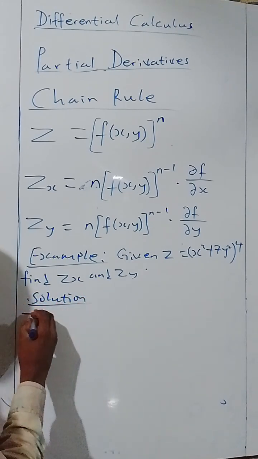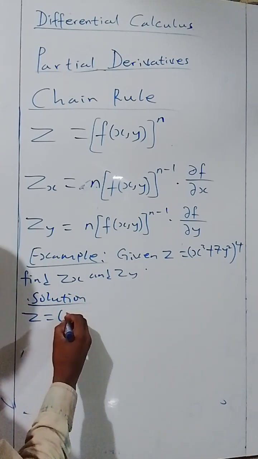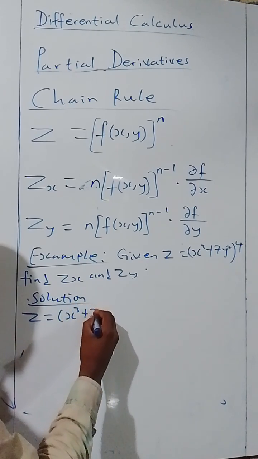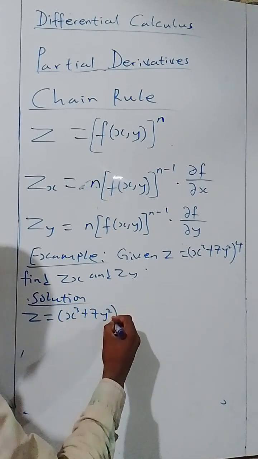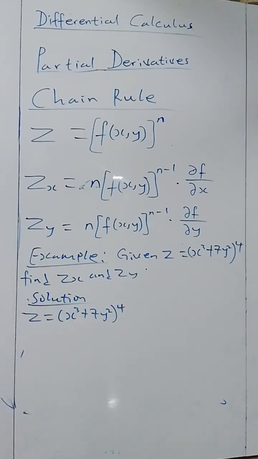So here is the original question: z equals x raised to the power 3 plus 7y squared, everything raised to the power 4.